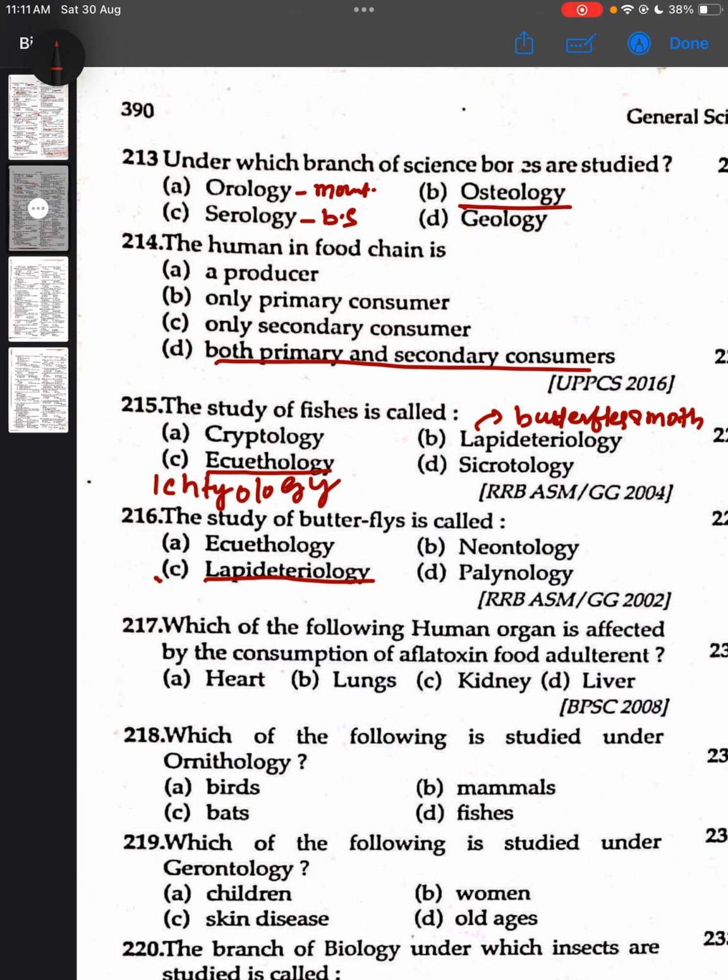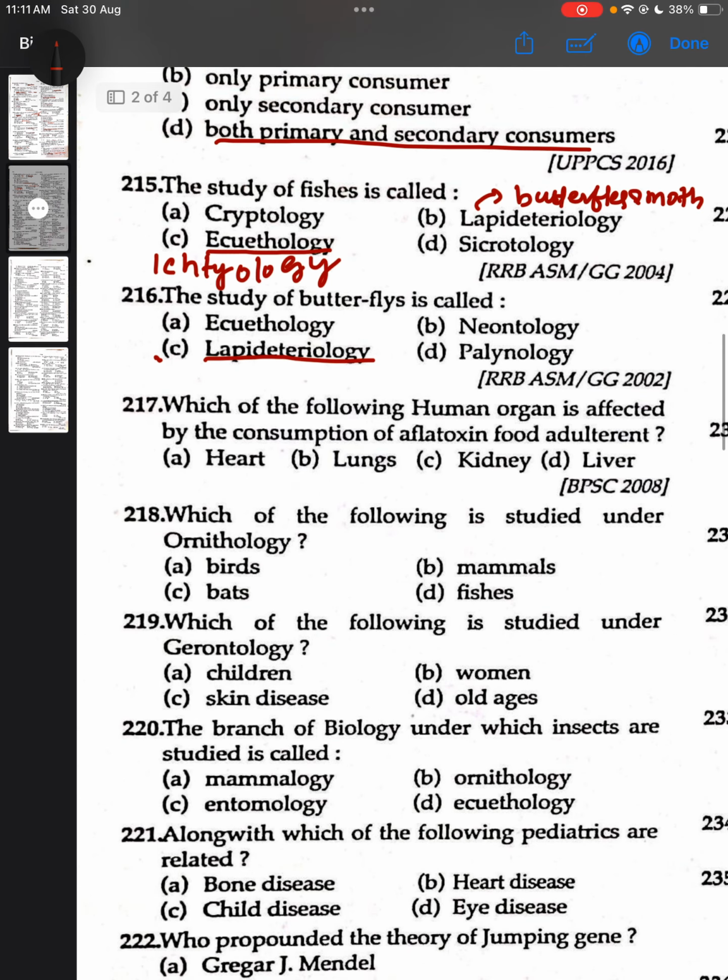Which of the following human organs is affected by the consumption of aflatoxin food adulterant? Correct answer is kidney. Which of the following is studied under ornithology? Correct answer will be bird.